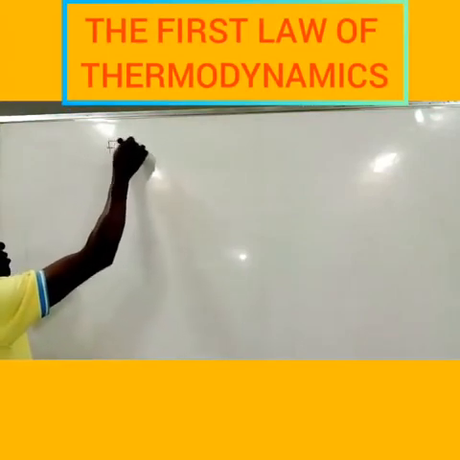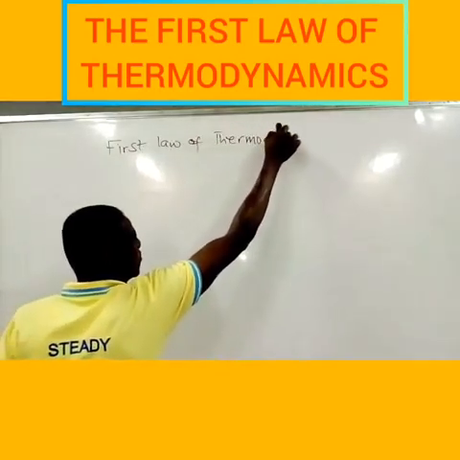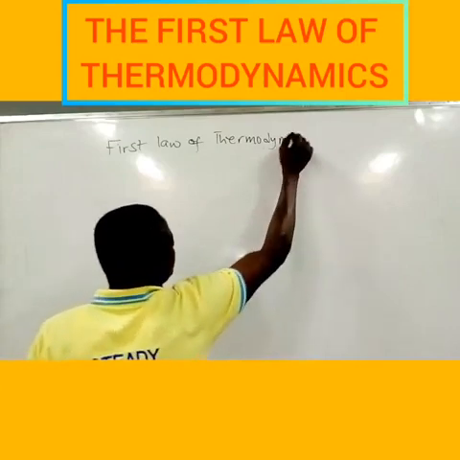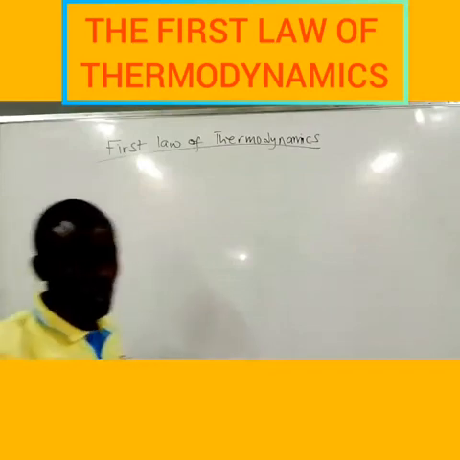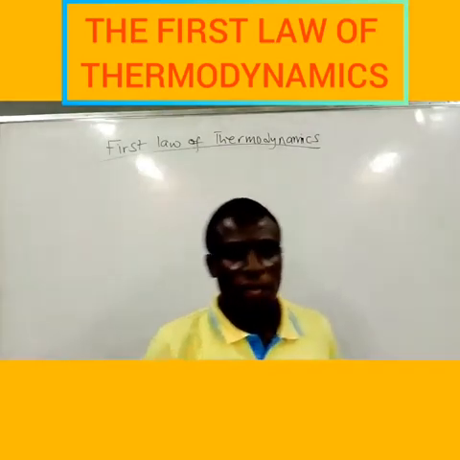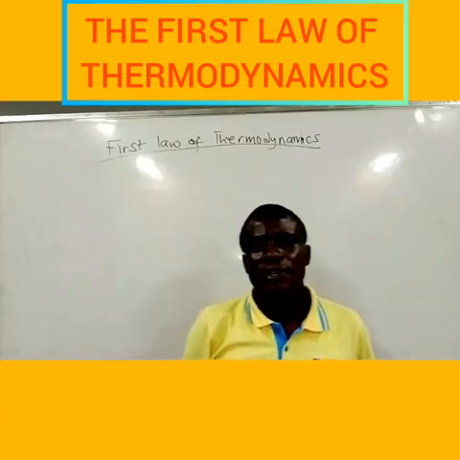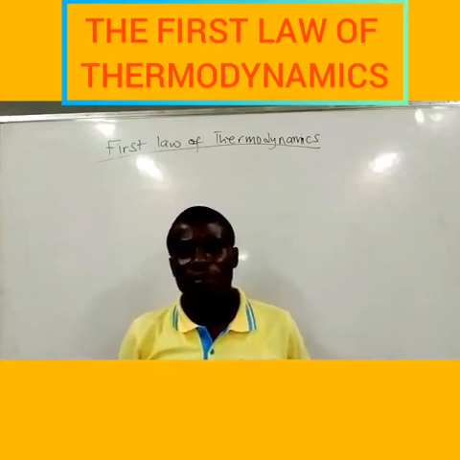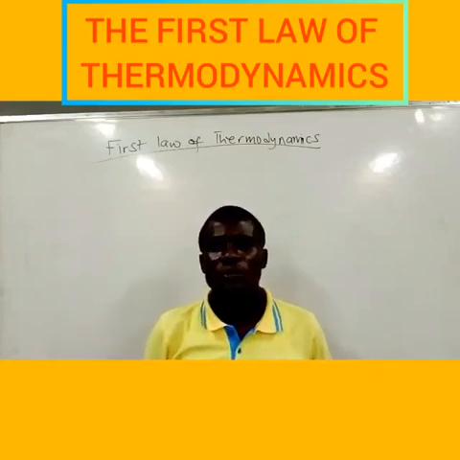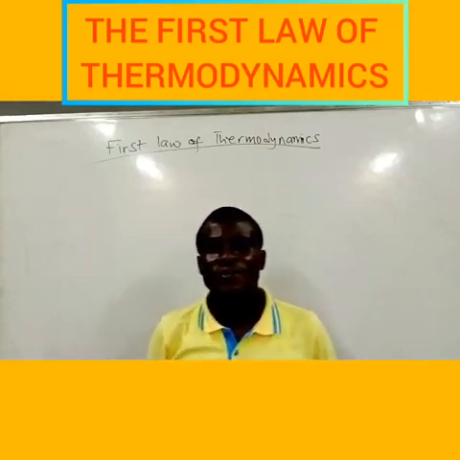Now let's talk about the first law of thermodynamics. The first law of thermodynamics states that if a closed system is taken through a cycle, then the net work done by the system on the surrounding is proportional to the heat supplied to the system from the surrounding.